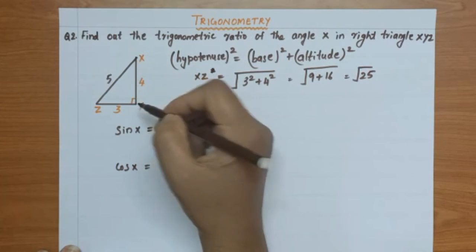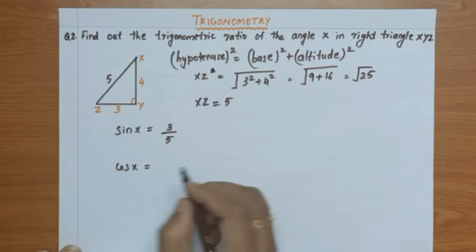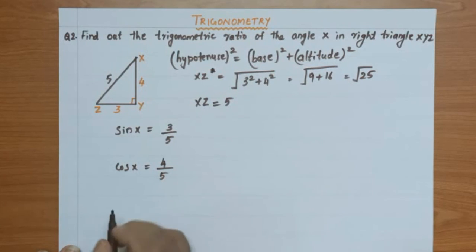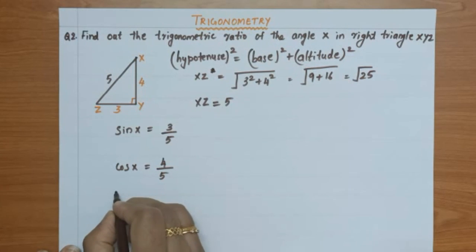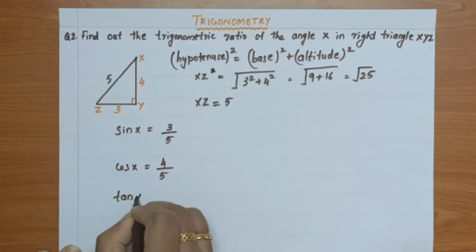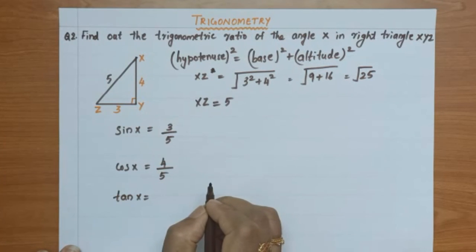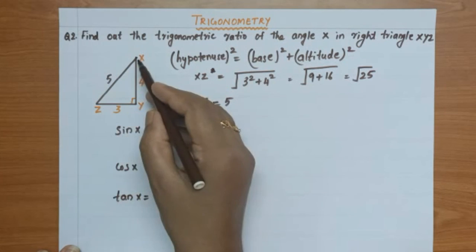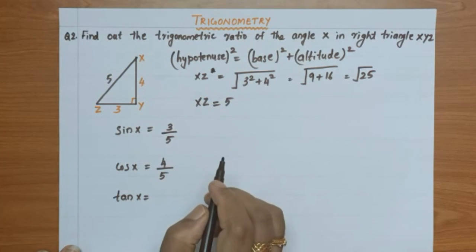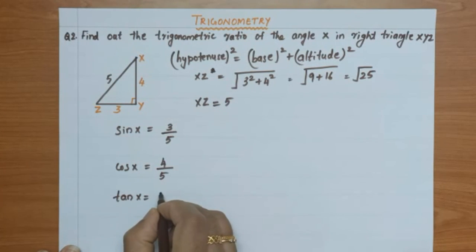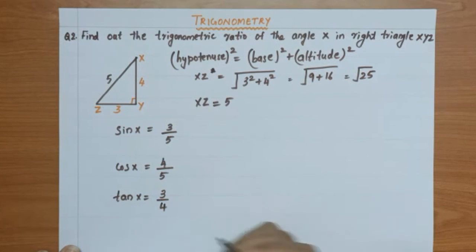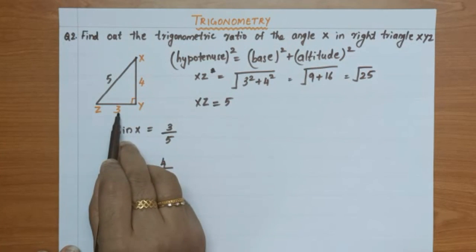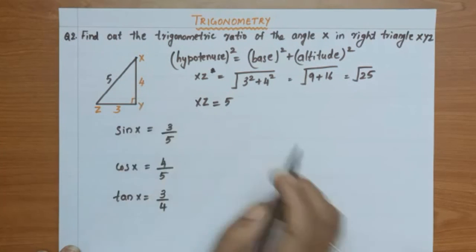Side XY is adjacent to angle X. So, adjacent side 4 by hypotenuse 5. Then tan X equal to opposite side by adjacent side. Here opposite side of X is ZY and adjacent side is XY. So, tan X equal to 3 by 4.